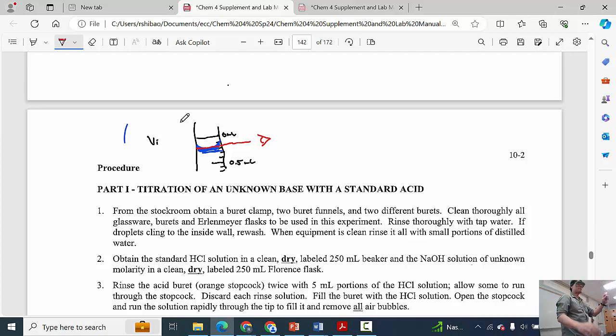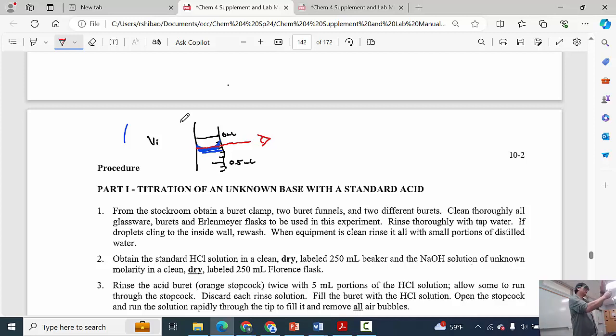Since this beaker has a spout, I would probably forego the funnel and just use the spout on the beaker. Maybe. Well, maybe not. It's kind of hard to do without spilling. So I'm just going to hold this with a little air gap there and then just pour this in. But I'm not going to pour too much.